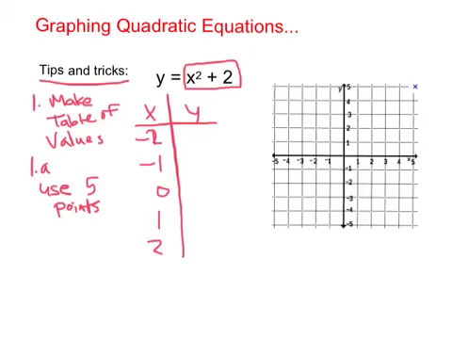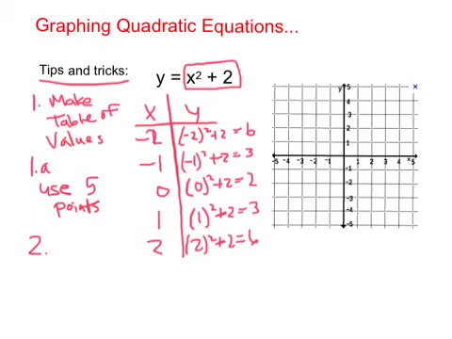And then we're going to say, okay, when x is negative 2, what is the answer? We have negative 2 squared plus 2 gives me 6, because negative 2 squared is positive 4, plus 2 more is 6, and then we can go ahead and finish out the rest of this table.